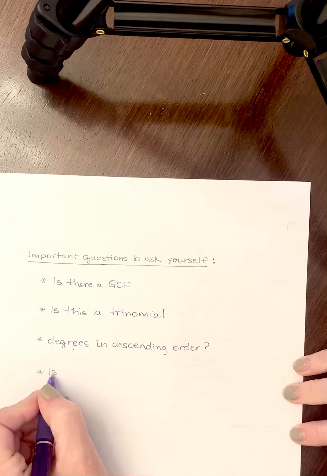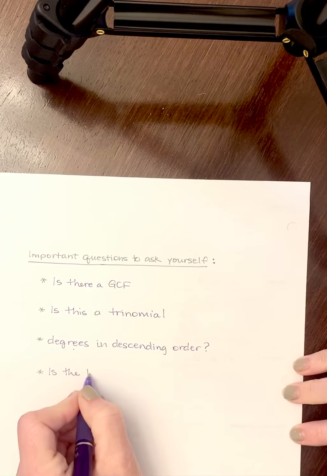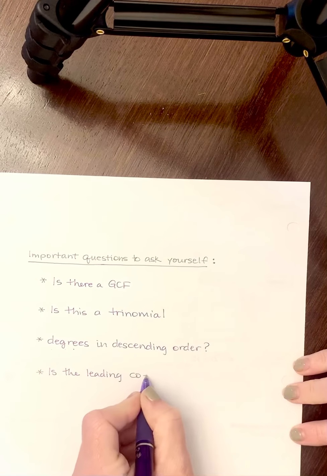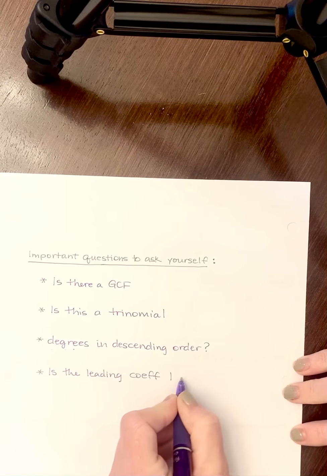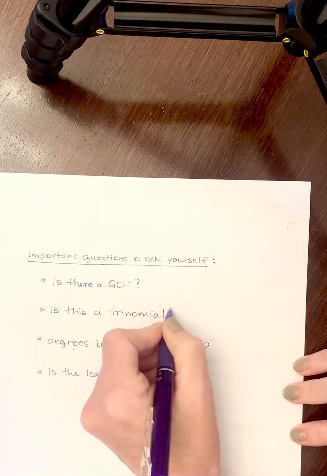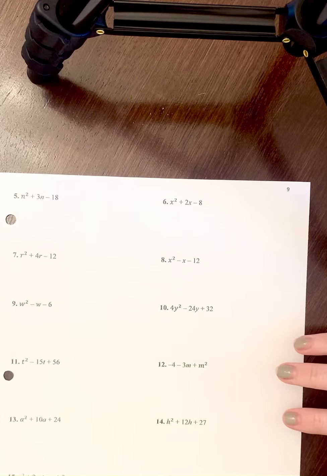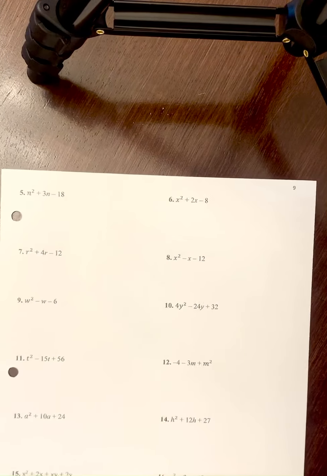And then make sure the leading coefficient is a 1. So is the leading coefficient 1? All right, so we're gonna follow those 4 questions for each problem. Okay, let me zoom in a little here.